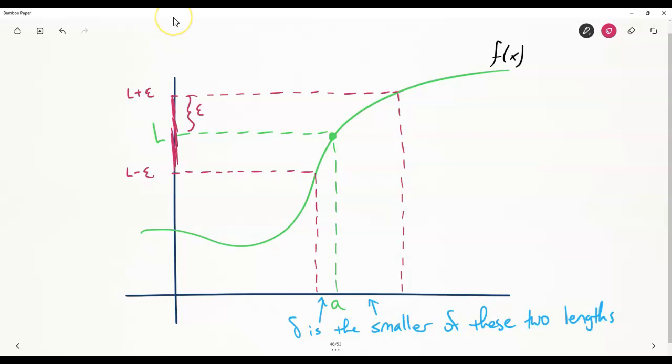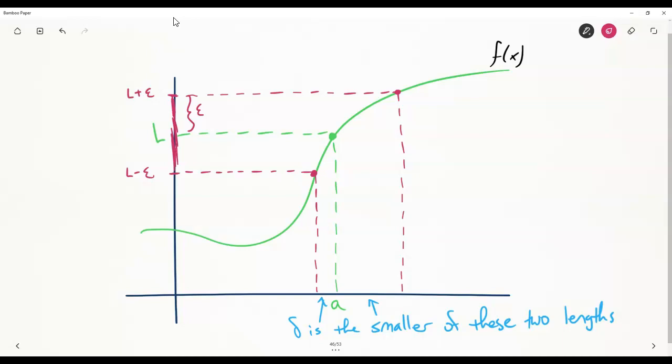So the maximum value is L plus epsilon. That's this value here. L minus epsilon is right here. If we follow these lines and see where the function hits that maximum and the minimum boundary around that limit, since this is a function, if I tell you what the y-coordinate is, we should be able to find the x value that caused that function value to happen.